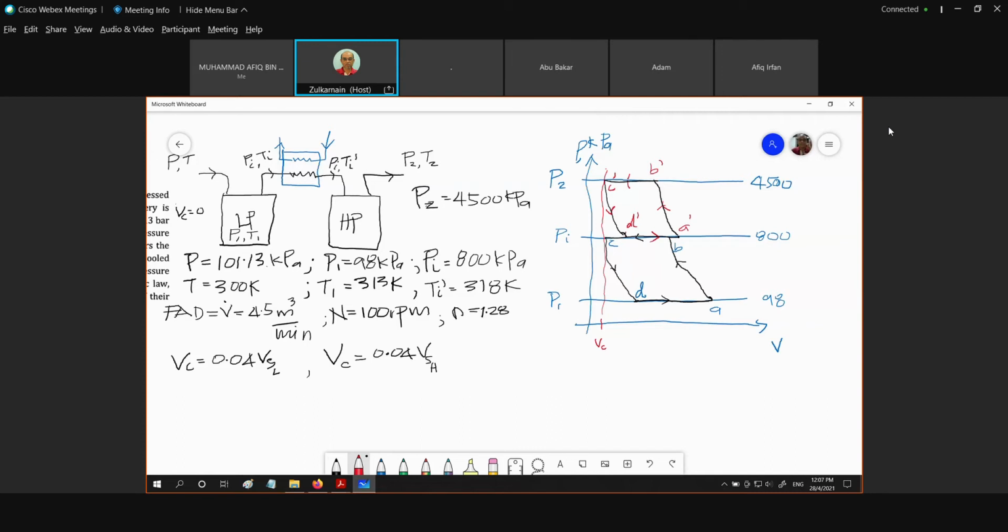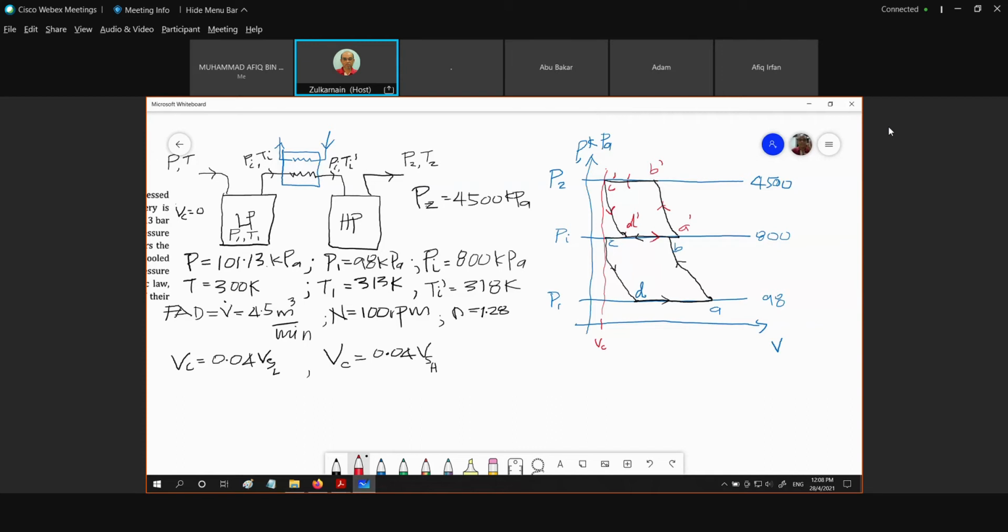This is the delivery of the low pressure compressor, which is Pi and Ti. And then after the intercooling process, the Pi is maintained with no pressure loss, but the Ti will be lower compared to the Ti prime. Okay. And then after that, we are going to have the P2, T2, which is our delivery state.